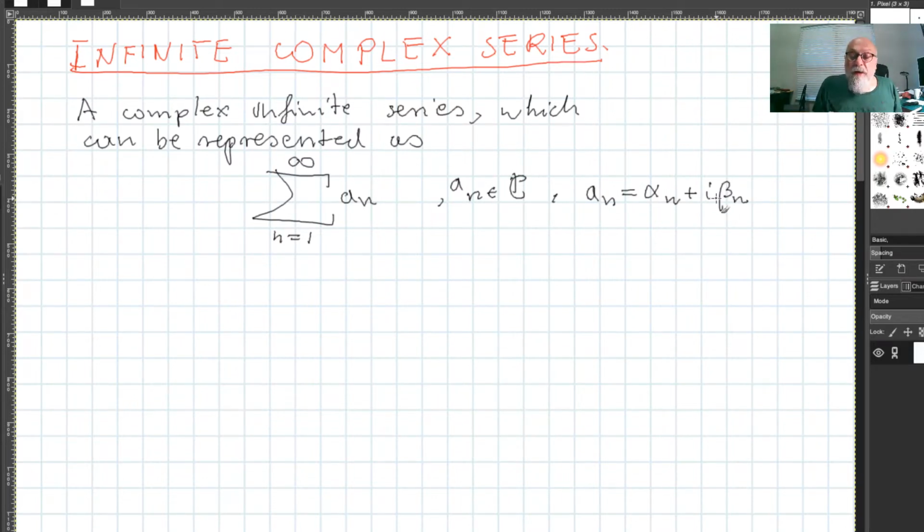So such an infinite series can be seen as the expression of two real series.